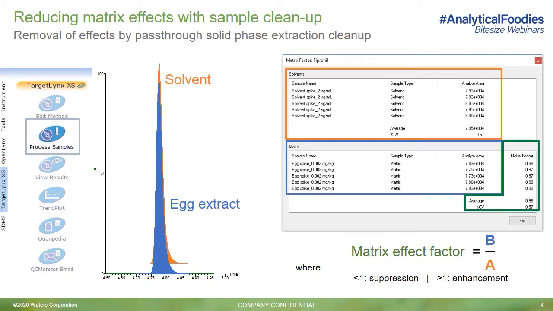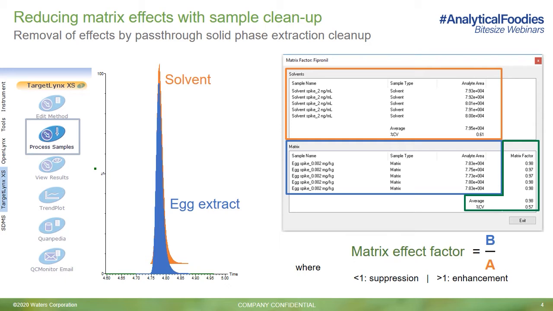Sample cleanup is a standard solution in mass spectrometry methods. With a selection of protocols to choose from, some common approaches include liquid-liquid extraction, solid phase extraction, or dispersive solid phase extraction. The main benefit of sample cleanup is the cleaner extracts injected onto our system.